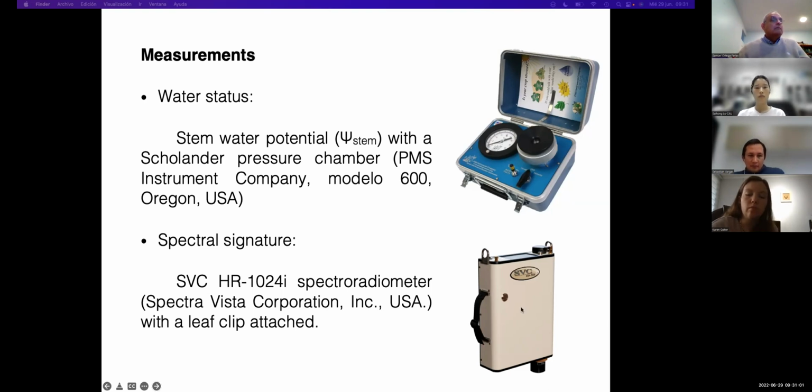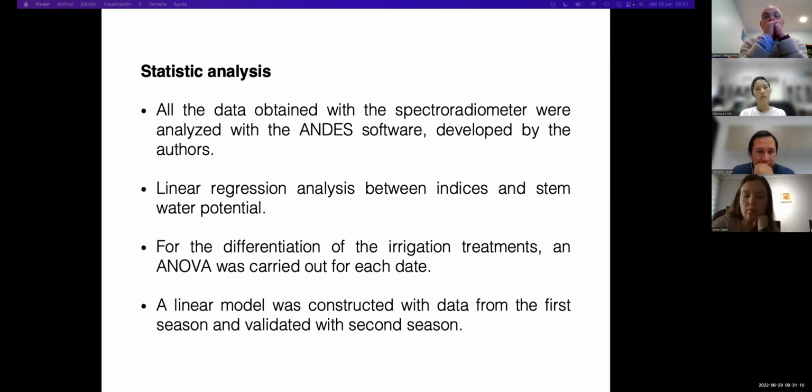The reflectance was captured at the same time as the water potential measurements, that is, at solar noon. All data obtained from the spectroradiometer was processed with Andes, a software especially developed by the authors in MATLAB.